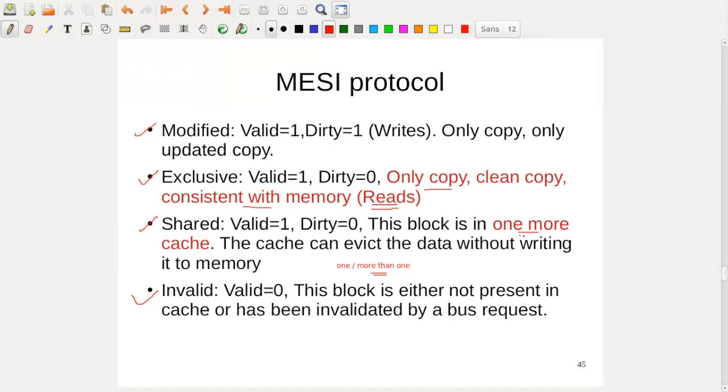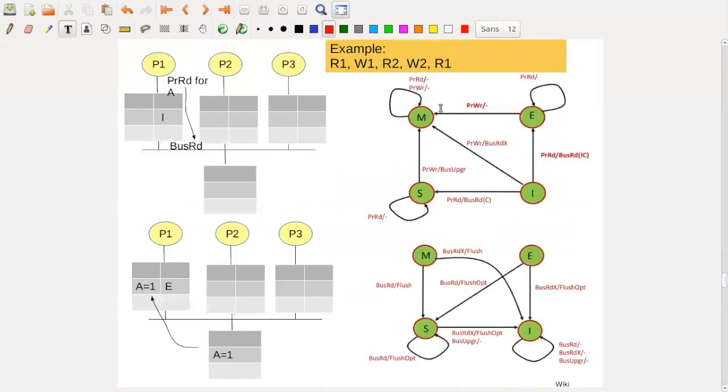So this means that it is in one more cache. So the modified state remains the same. Valid equals 1 and dirty equals 1, and it's mainly for writes. And this also means that this is the only copy, the only updated copy, which means we're going to invalidate everything else. So let us run through this sequence for the same example.